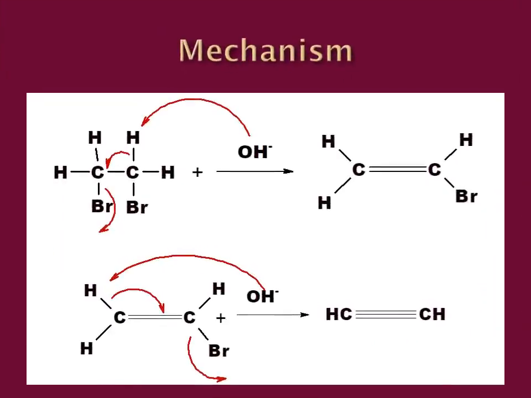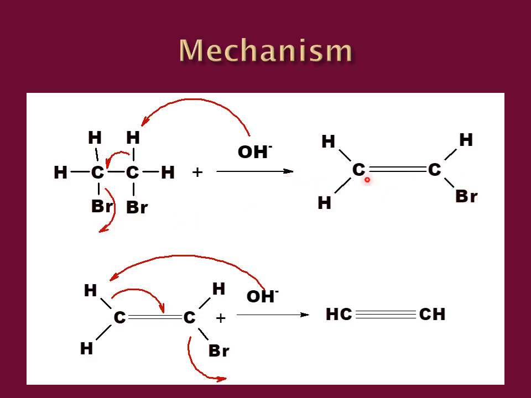Now students, let us look at the mechanism of this chemical reaction. For example, if we take hydroxyl as a base, it is going to abstract a proton from here, shifting this bond between carbon and hydrogen between these two carbon atoms, eliminating this bromine, giving vinyl bromide.